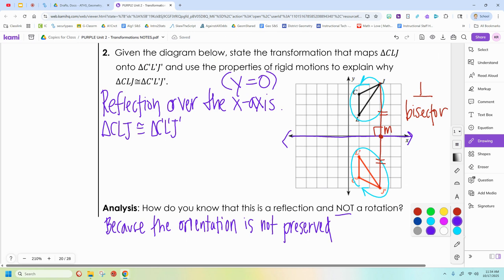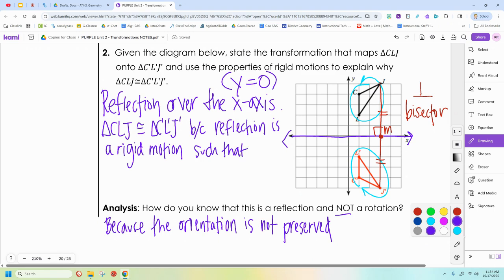And now we need to name what's going on because reflection is a rigid motion. And the next part should sound really familiar, such that. I chose "such that" as the transition. I don't know if I have a better one.